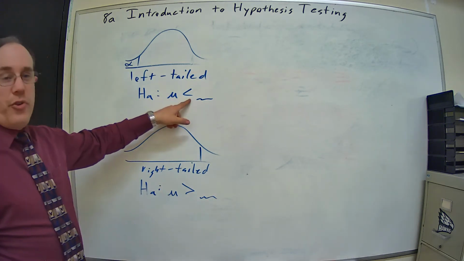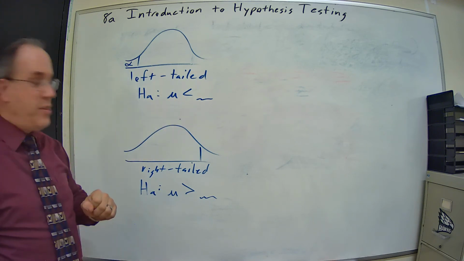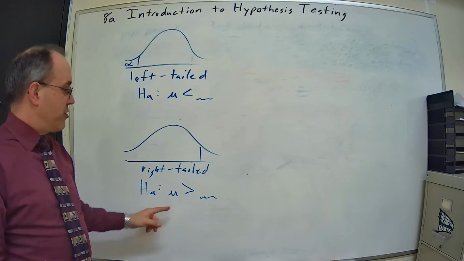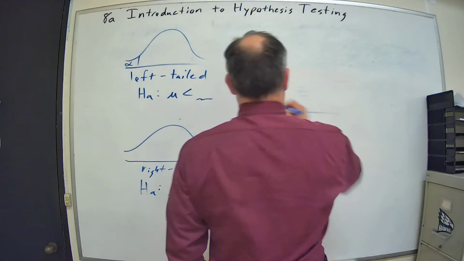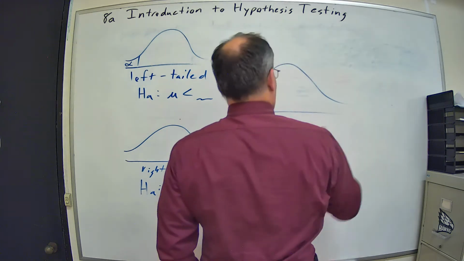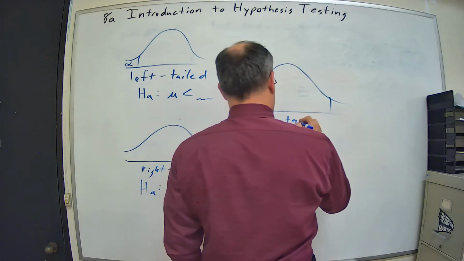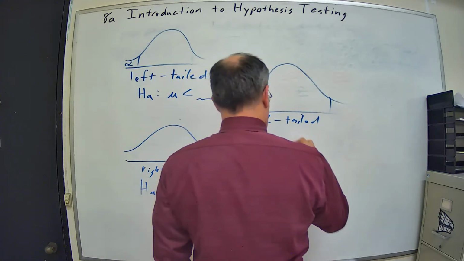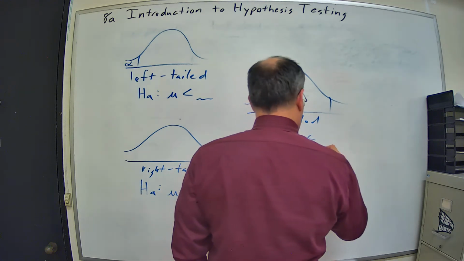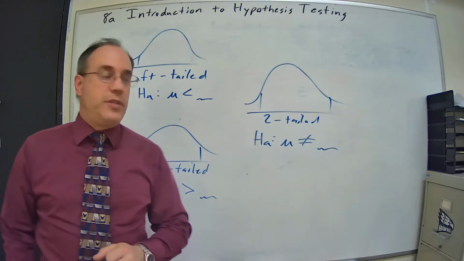Remember, the alternative hypothesis points the way. Alternative hypothesis less than, it's left-tailed. Alternative hypothesis greater than, it's right-tailed. It's pointing the direction. And then we have a two-tailed test when the alternative hypothesis is that mu is not equal to some value, and that splits it into two tails.